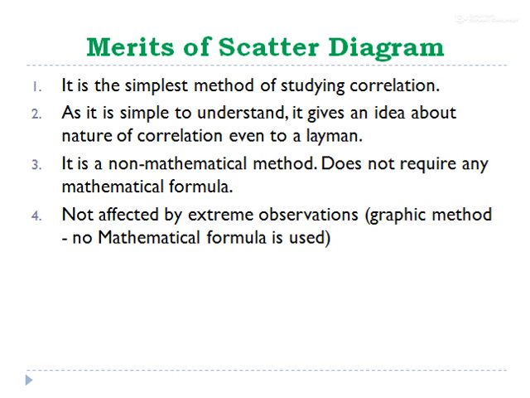Thirdly, it does not require mathematical formula or complicated calculations. Lastly, since mathematical formulas are not used, it is not affected by extreme items. These are the important merits of scatter diagram.